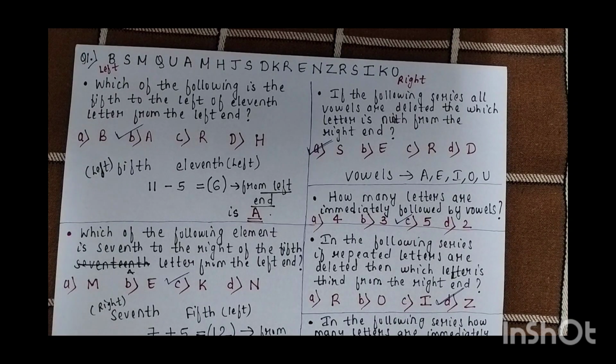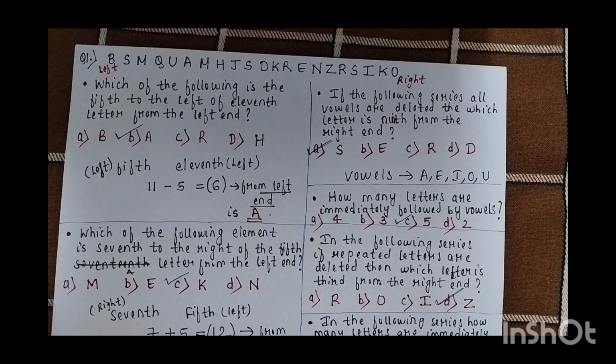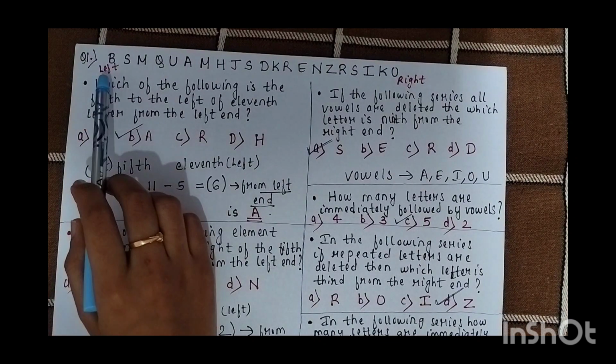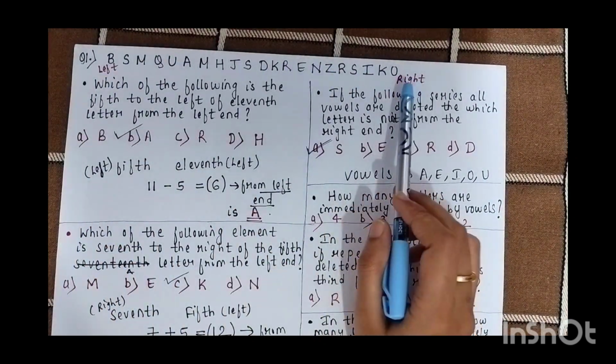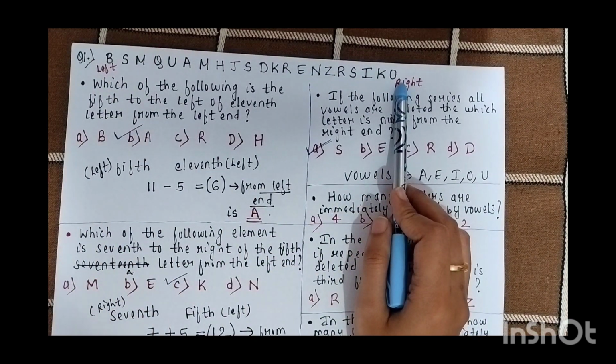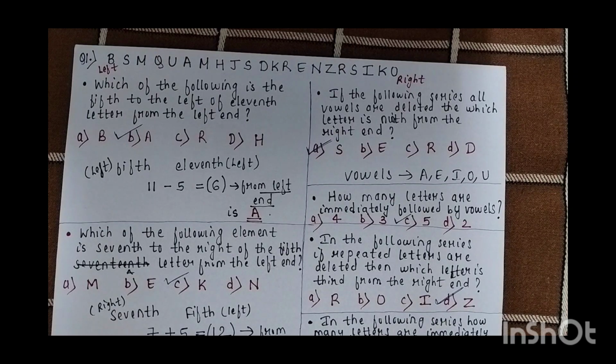B S M Q U A M H J S D K R E N Z R S I K O. This is the alphabet series given to you. This is the extreme left and this is the extreme right that you need to know.